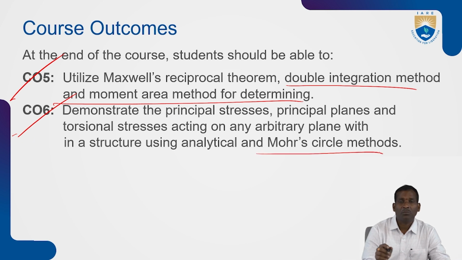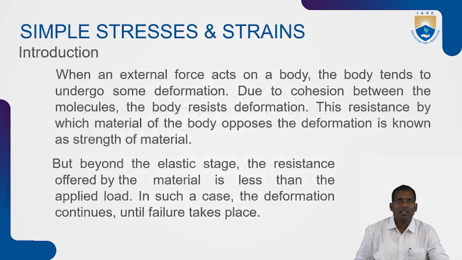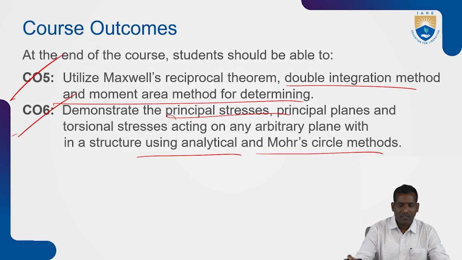We will learn the Mohr circle method, the analytical method, and the graphical method. We will first learn principal stresses, principal planes, and torsional stresses. After that, we apply the analytical method and Mohr circle method for calculating the principal stresses and principal strains. These are the COs defined from 1 to 6.